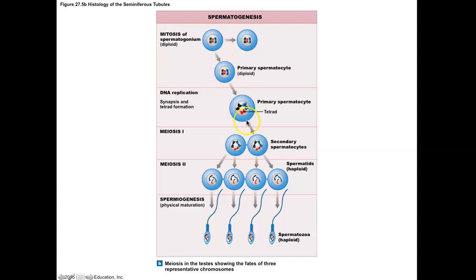So when they go on and undergo meiosis, the first step is to produce a primary spermatocyte. Then the primary spermatocyte, here's the primary spermatocyte, we'll start here, is going to form, after meiosis 1, a secondary spermatocyte. After meiosis 2, then we have spermatids.